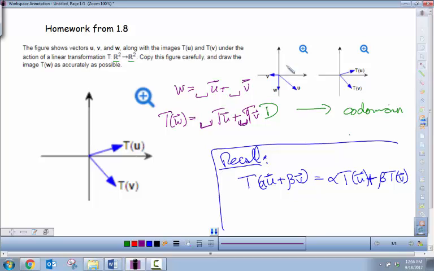So what does w look like? v is over here, so let's see what 2v plus u looks like. I want to get to this point using only v's and u's. u gets me over here, and then adding v gets me here, but I'm not quite there yet, so I want to add another v.